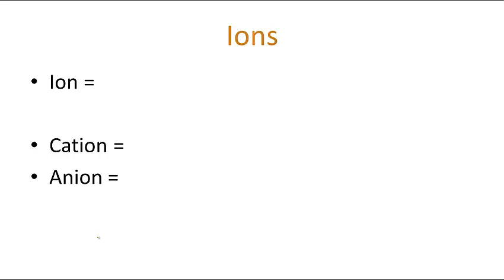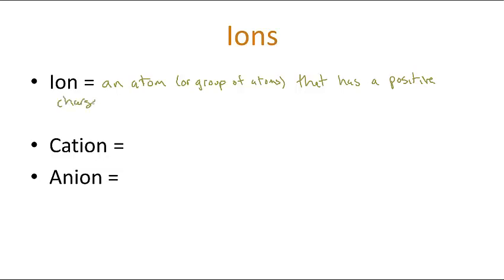So what is an ion? Well, an ion is an atom, or sometimes a group of atoms, that has a positive charge or a negative charge. If it has a positive charge, we can't change what's going on in the nucleus.